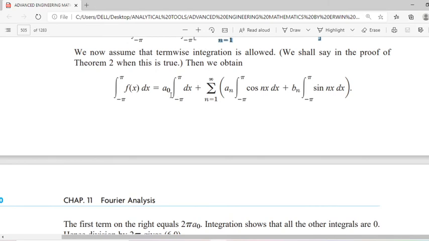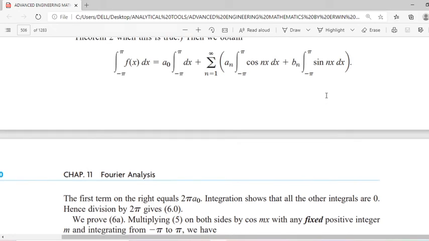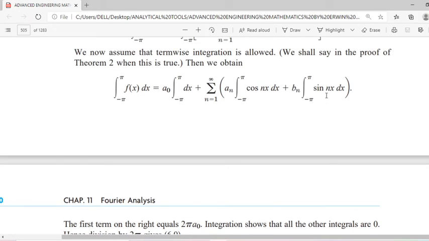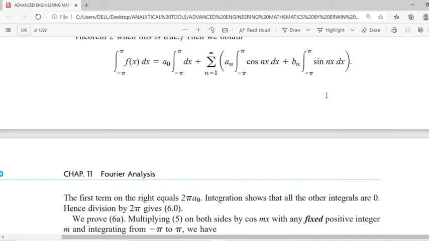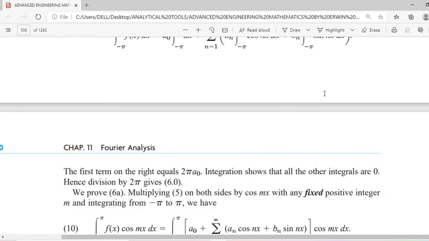It will be a naught into the integral from minus pi to pi dx plus summation n from 1 to infinity of a n into the integral of cos nx dx plus b n into the integral of sin nx dx. The first term is 2 pi a naught. The second and third terms will be 0 after integration.